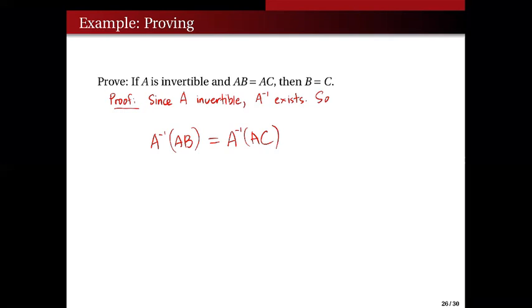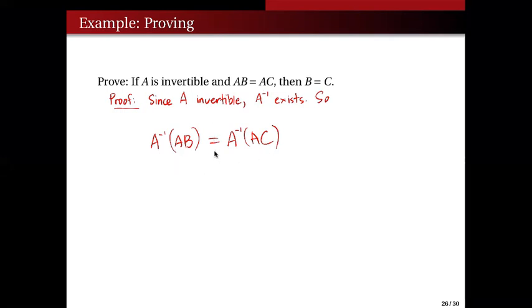How do I explain that? For example, you have two factors here: this AB and this AC. They are equal because of this hypothesis, so what we do is multiply A inverse on both sides of the equation.